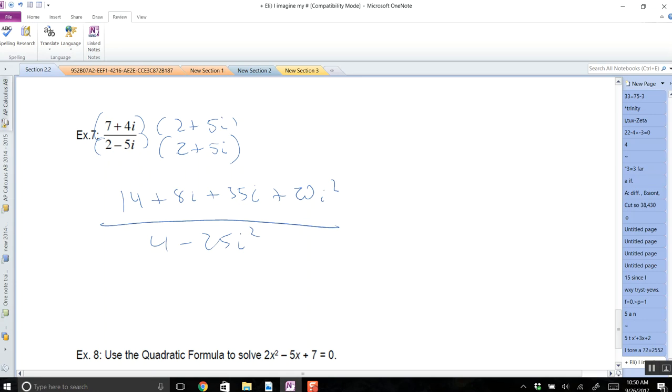Remember, when you FOIL the 2 minus 5i, 2 plus 5i, the outer and inner terms are going to cancel out because you get negative 10i and positive 10i. So you should get negative 6, because that's negative 20 right there, plus 43i over 29. Negative 6 over 29 plus 43 over 29 i.